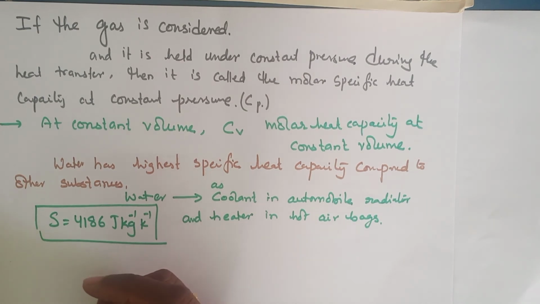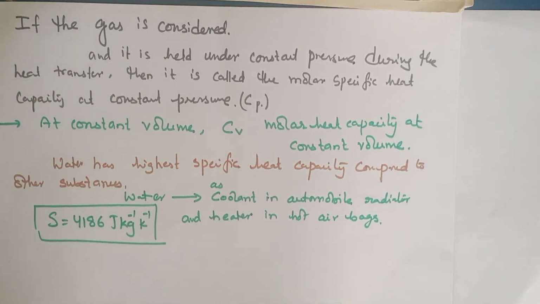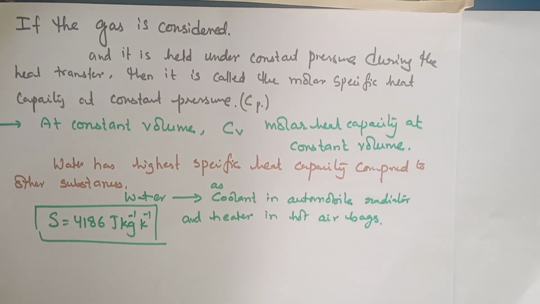Due to this high specific heat capacity, water warms up much more slowly than land in the summer. Water cannot be heated very quickly, whereas the surface heats very quickly.